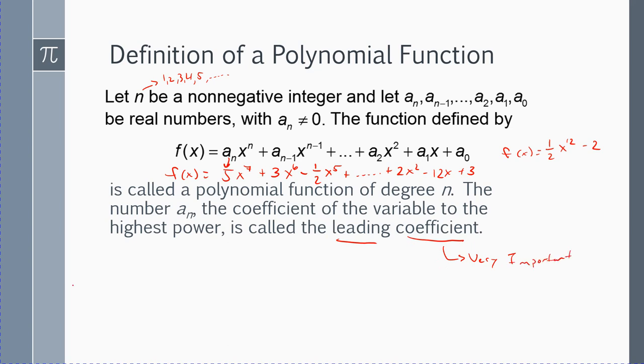So when you look at something like f of x equals 3x to the 7th power plus 8x minus 12, what we see here is this is a degree 7 polynomial, and its leading coefficient is the number 3.